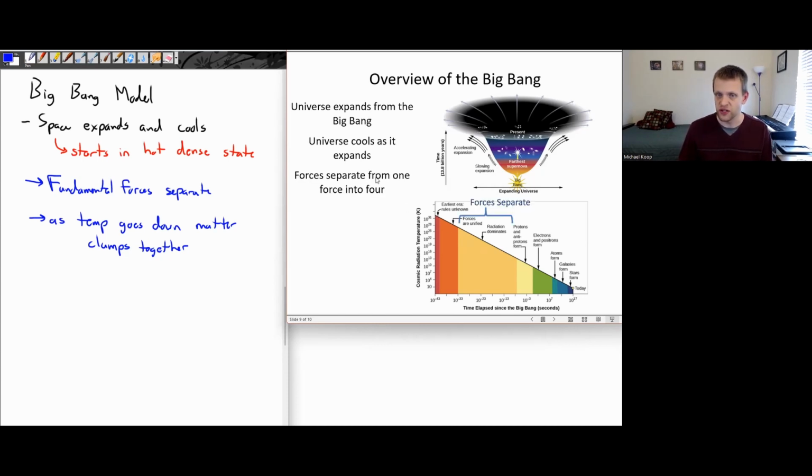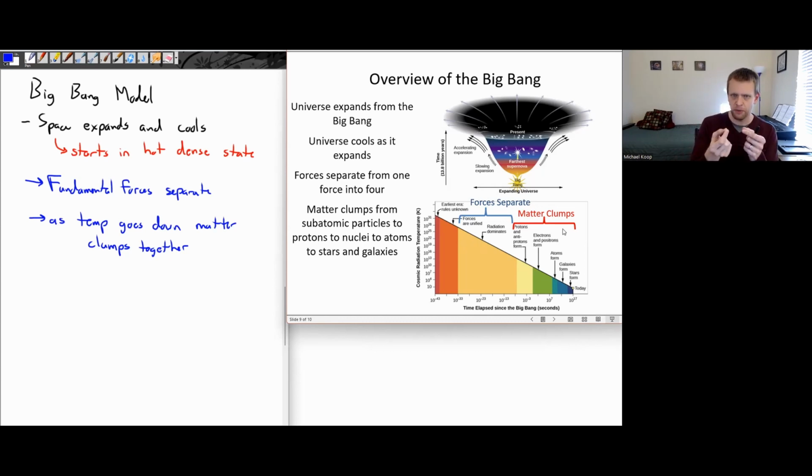The universe is going to cool as it expands. The forces are going to separate out. And then matter is going to start clumping together from those subatomic particles to protons to atomic nuclei to atoms to stars and galaxies. So that's going to be this overall picture. And in some of the next sessions, we're going to look at different eras in this Big Bang timeline and try to map out what's happening in each of these different eras.